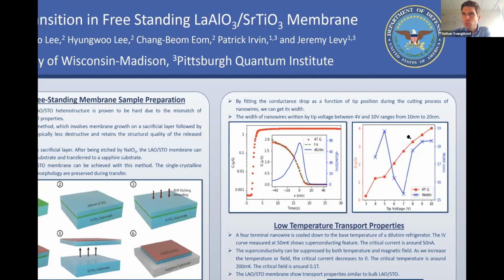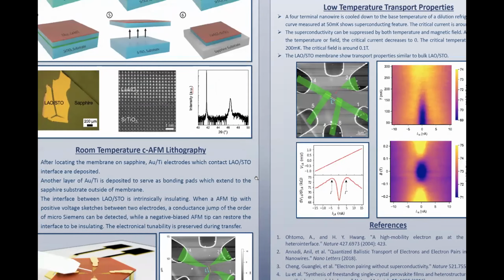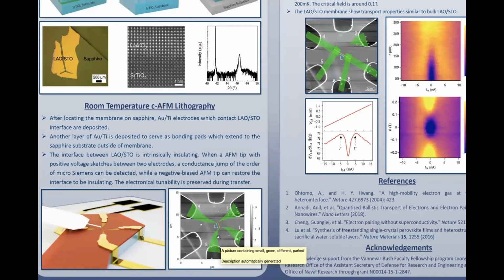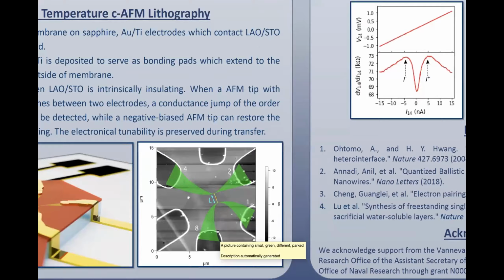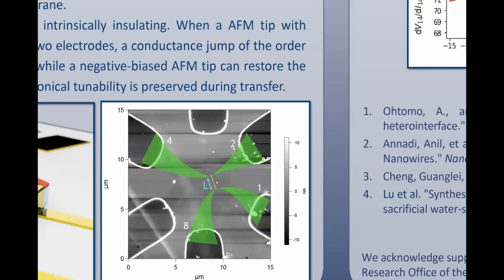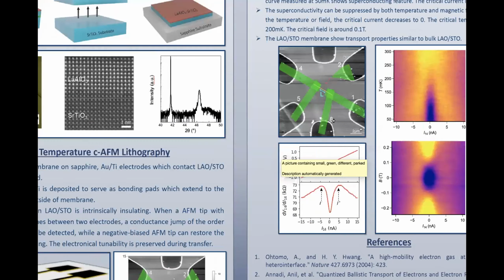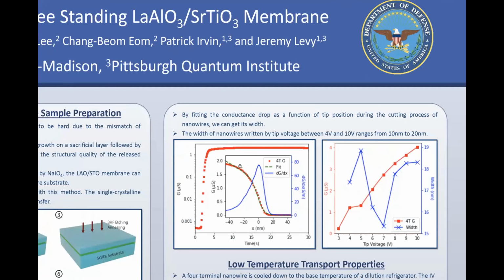What would the error bars be on those measurements? How do you measure the width? That's a good question. The way I measure the width of the nanowire is I slowly cut this nanowire, and I record the change of the conductance, which is the red curve in this inset.